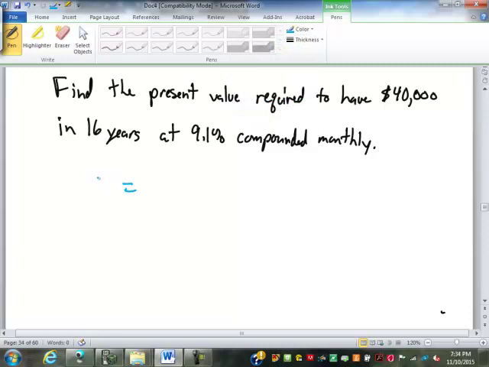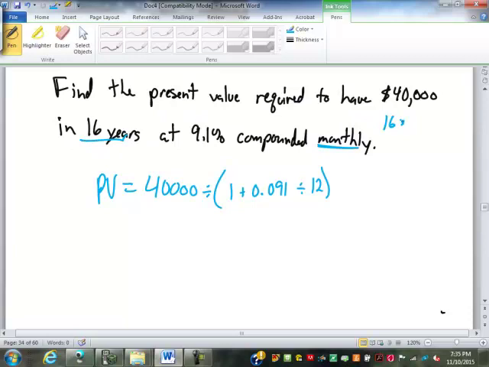So we're going to get the present value. $40,000 divided by 1 plus 0.091 divided by 12 because it is monthly. Now what goes up here for a power? 16 years times 12 because it's monthly gives us what? 192.